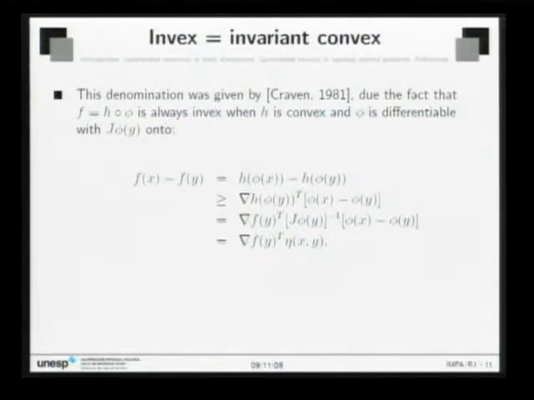This function is no longer convex by this composition, but it still satisfies this inequality, so f becomes invex. It obeys the same inequality and has the property that every stationary point is a global minimizer for the function.